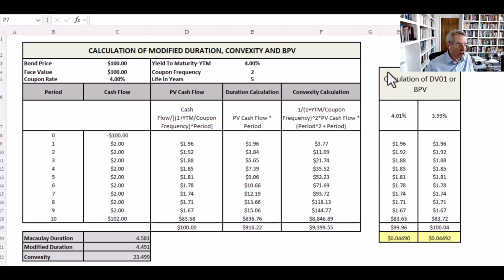So working our way down, this is time 0. This is when, say, the bond is going to be purchased, and the cash flow, of course, then would be negative. You'd have to pay $100 to buy the bond. After 6 months, you would receive half of the 4%, $2. $2 likewise, and I've already mentioned that we combine the face value redemption plus the final coupon at the bottom.